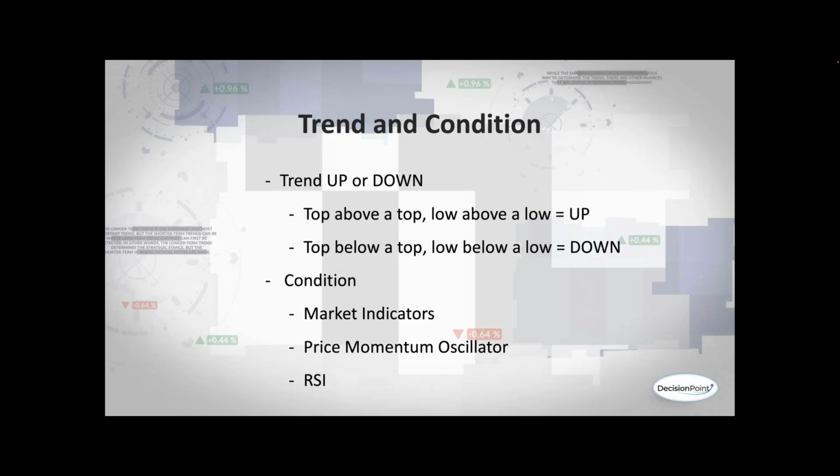So the RSI is very helpful. You'll find that in a downtrend, it's going to nearly always be negative, below net neutral 50. If you're in an uptrend, it typically is going to be above net neutral 50, but we'll look at that a little more closely when we get to the charts.